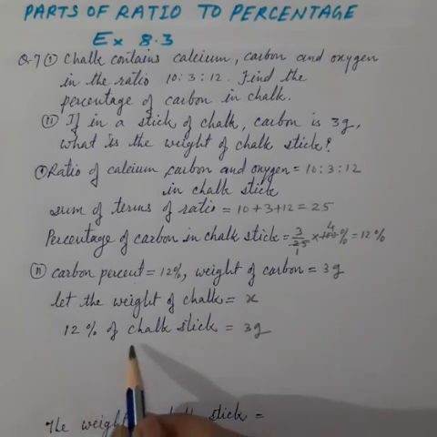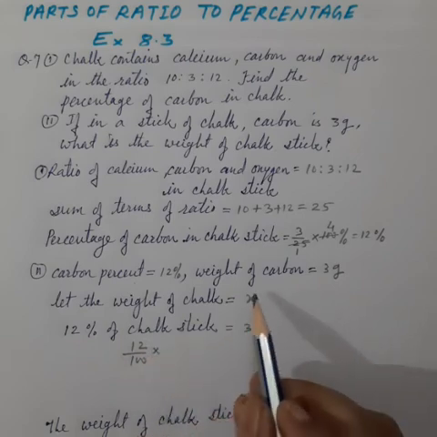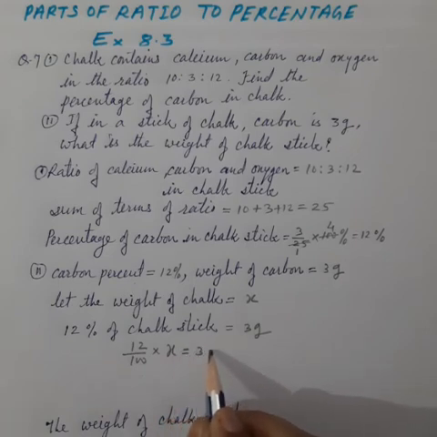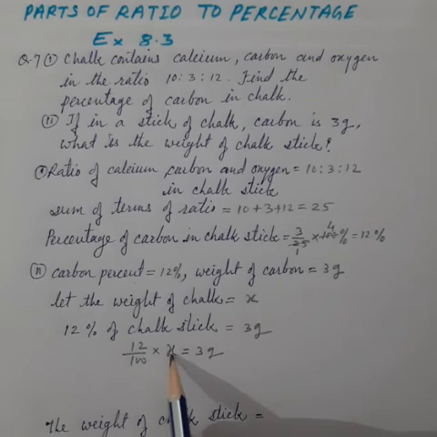Now solve this. 12 for percent, 100 in the denominator, of means into, and the weight of the chalk stick is x, equal to 3 grams. Now we have to find out the value of x.